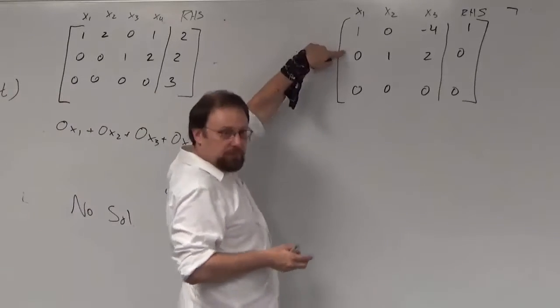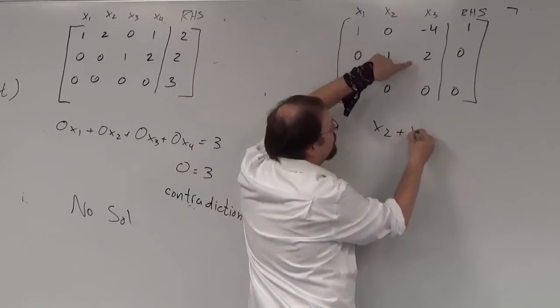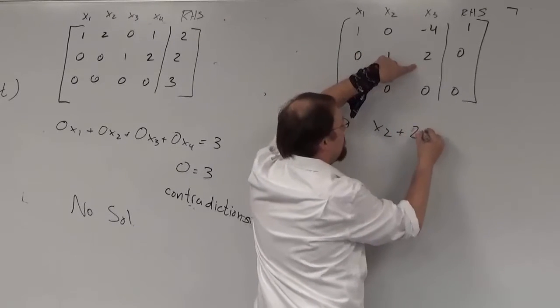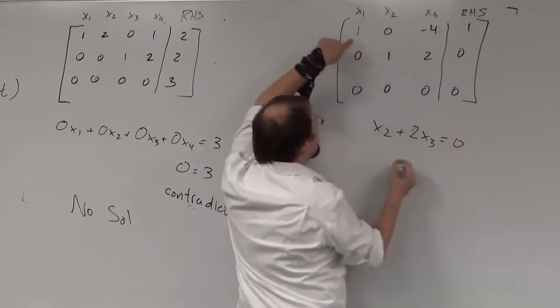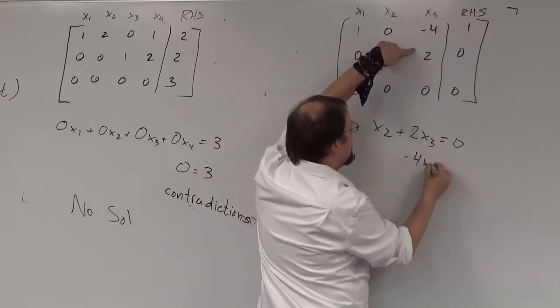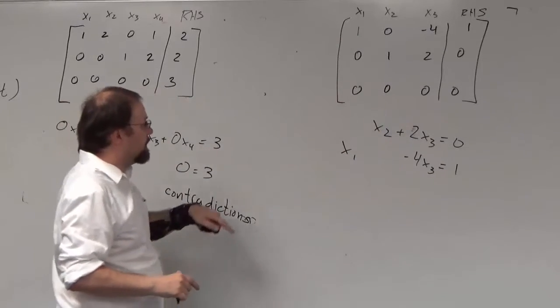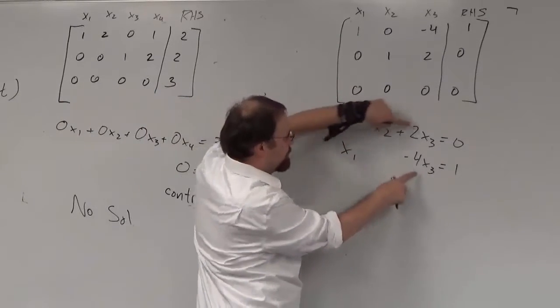So let's move on to the second row, which says that 1 times x2 plus 2 times x3 is 0. The first row says that x1 minus 4x3 is 1. So notice that I can easily solve for these in terms of x3.